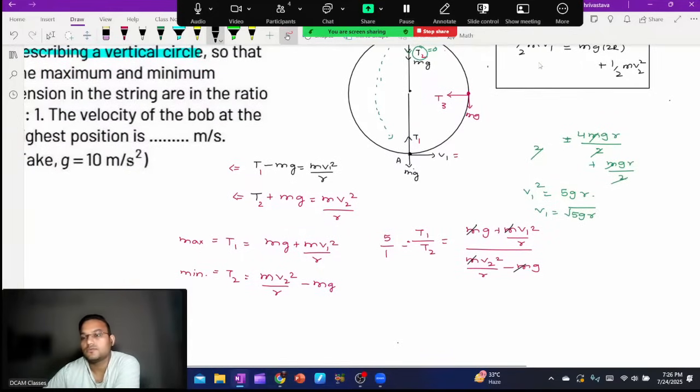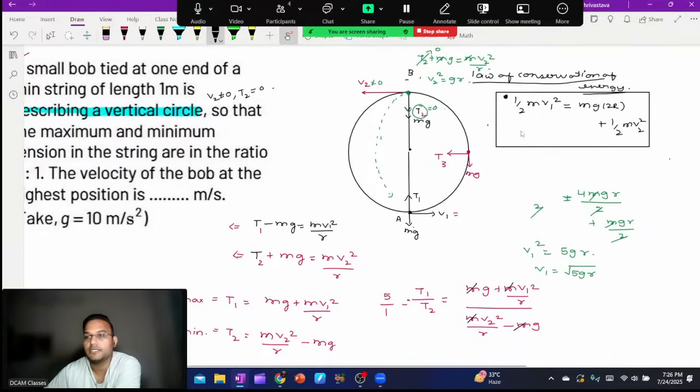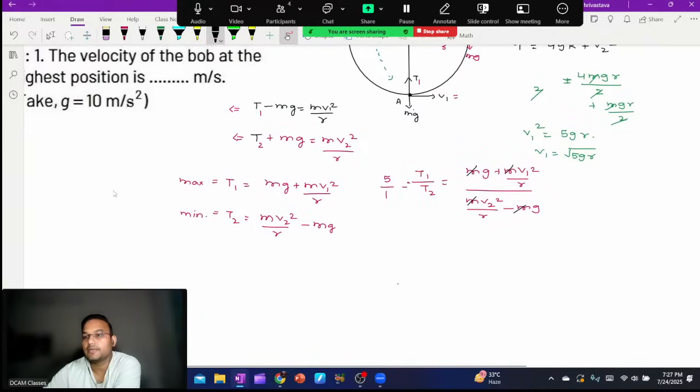Using this condition between A and B, I have applied the law of conservation of energy. M will be cancelled. So we'll get V1 square. We have to find V2, no? So we'll get V1 square is equal to 4gr plus V2 square. We'll put it here.